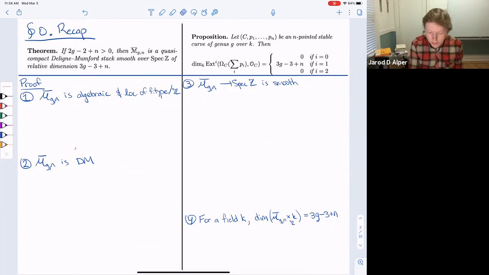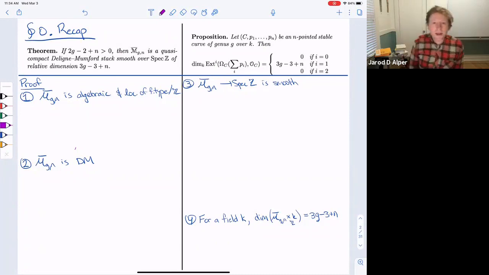If we have this condition on the genus g and n, this is just the condition that there exist stable curves, so the moduli space is non-empty, then M_{g,n} bar is a quasi-compact Deligne-Mumford stack, which is smooth and of relative dimension 3g minus 3 plus n. All right, so we more or less know this, but I want to review why we know this and connect the dots of all the ingredients we have.